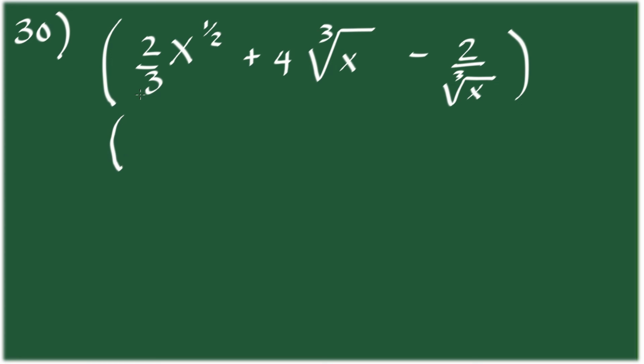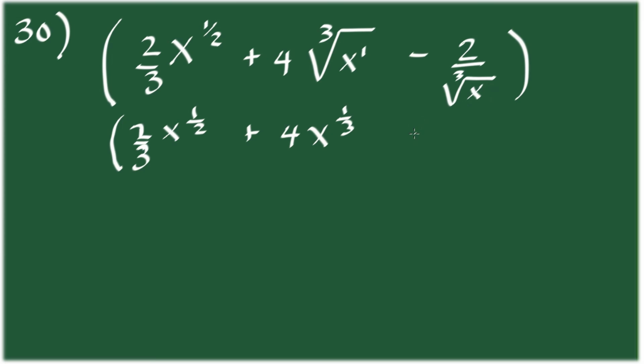Now we have a shortcut for square root of x. I haven't shown you the shortcut for the cube root of x, so we'll just do the standard way to differentiate that. Let's rename it first. So this is 2 over 3, x to the 1/2. I'm going to express everyone using rational exponent, x to the 1/3, because that's 1 over 3.